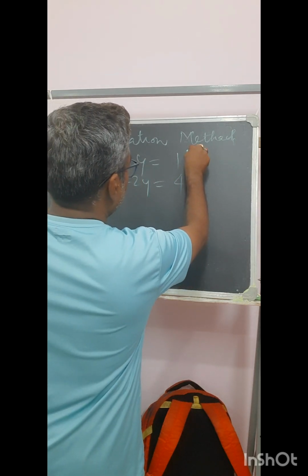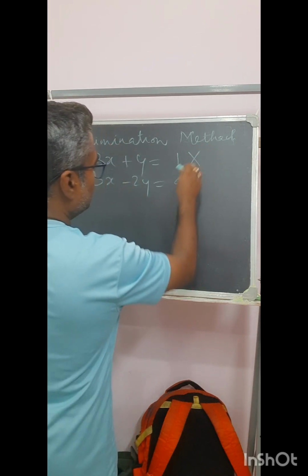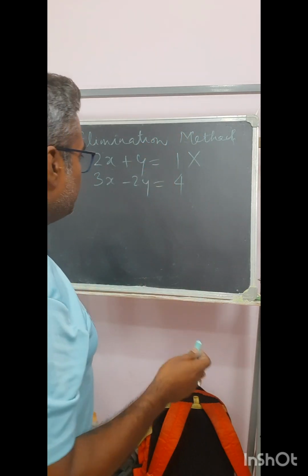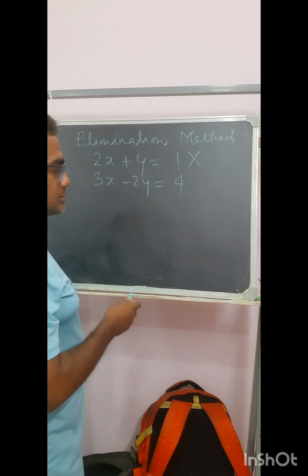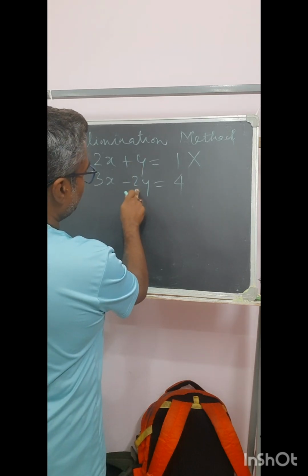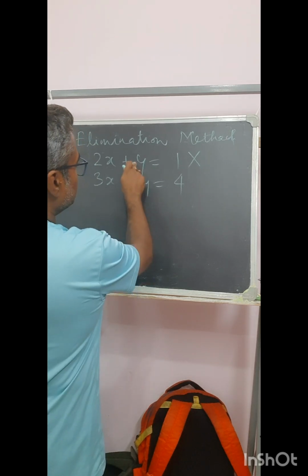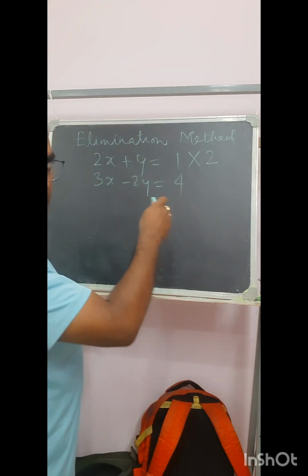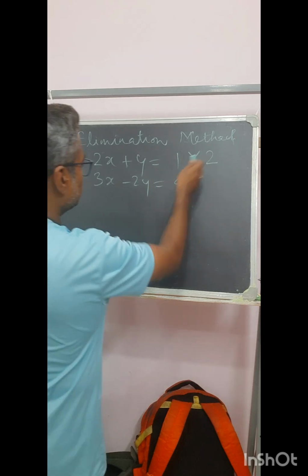Why? Because for elimination I have to multiply the equation in such a way that the other coefficients will be equalized. Here I am getting y with the coefficient 2. So if I multiply it by 2, it will be equalized easily without much calculation.